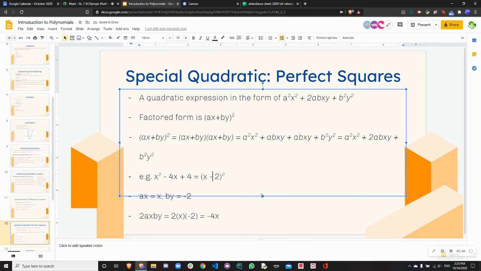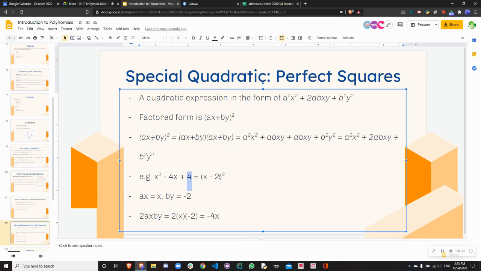So basically, another way to look at it is, if you want to look for the first term and the second term, you want to make sure the first term is the square root of the first term of the polynomial. The second term in the brackets is the square root of the last term of the polynomial.